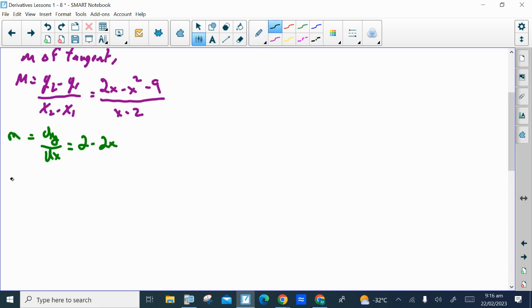So (2x minus x squared minus 9) all over (x minus 2) has to equal 2 minus 2x, or (2 minus 2x) over 1.